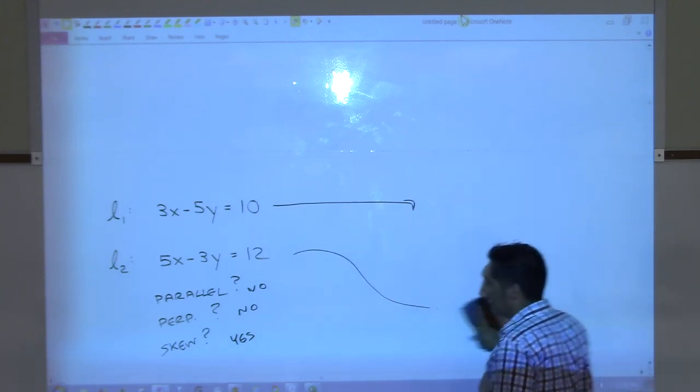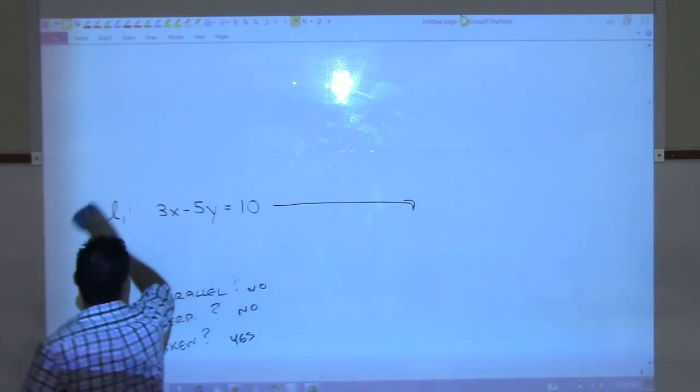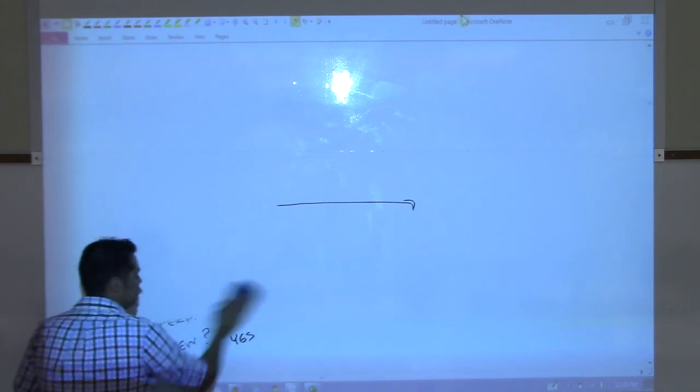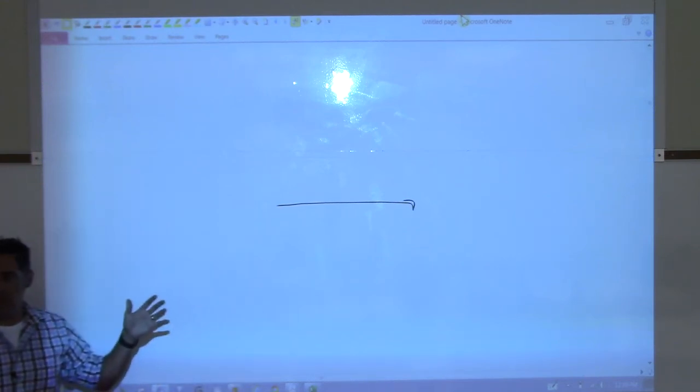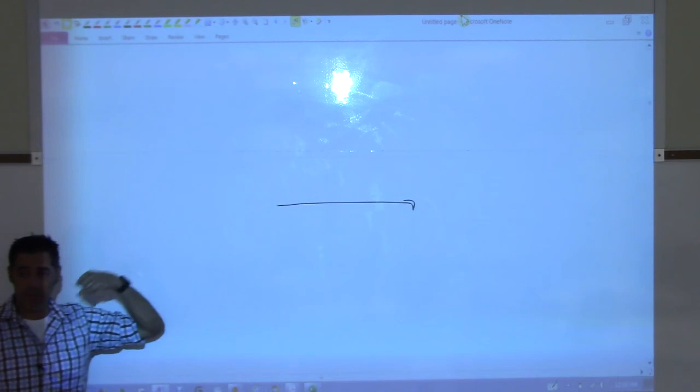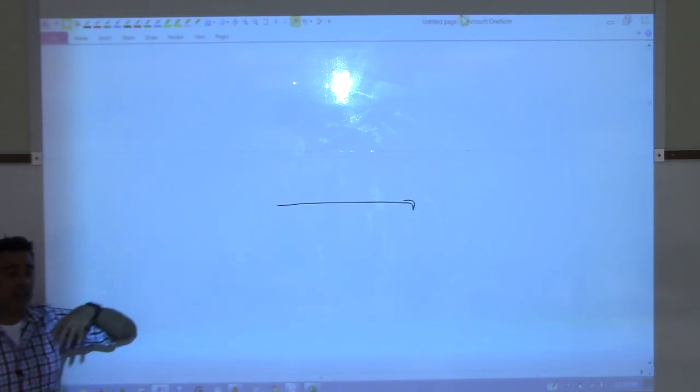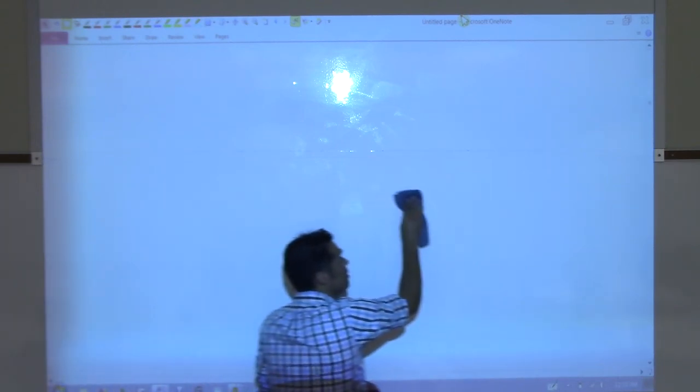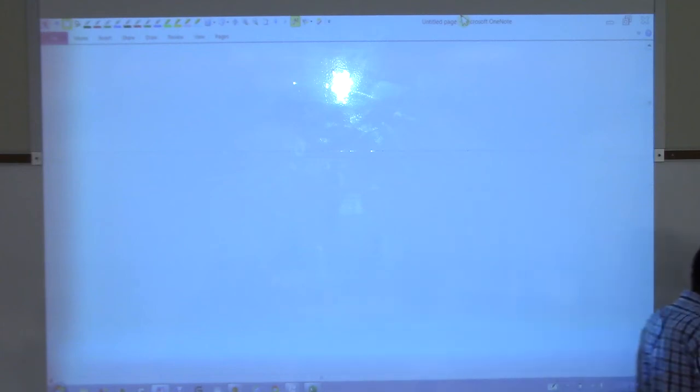So far, everything we've done up to this point, I've given you the equation, and we've either graphed the lines, or I've asked you if they're parallel, perpendicular, or skew. But I've always provided you the equation of the line. Now we're going to do this a little bit differently.